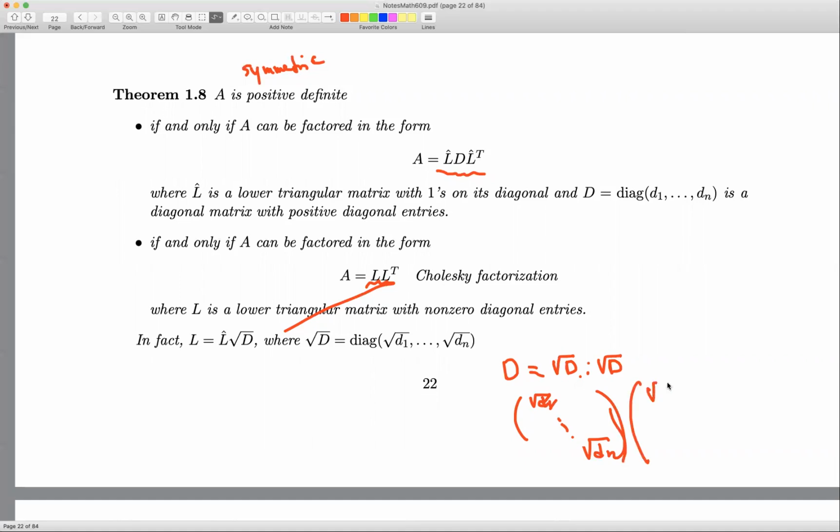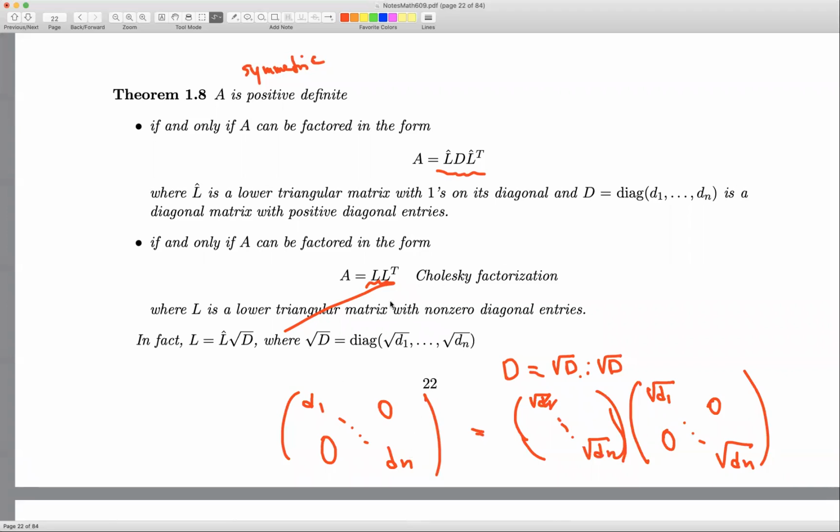So here it is square root of D1 and so on, square root of Dn. The product of the matrix square root of D by itself will give you the diagonal matrix D with D1, D2, and so on, Dn on the main diagonal.